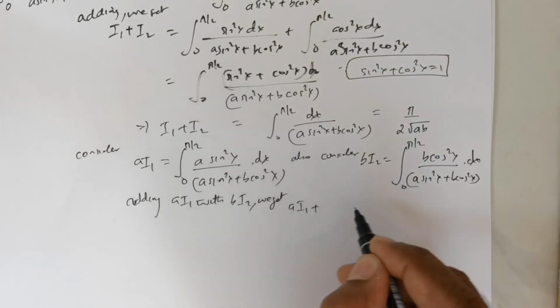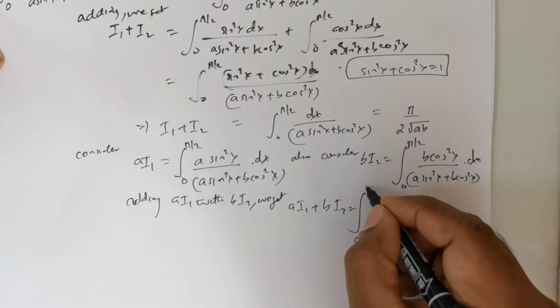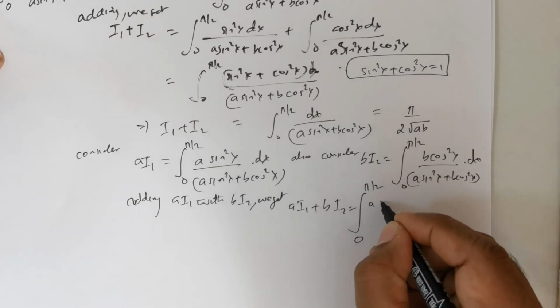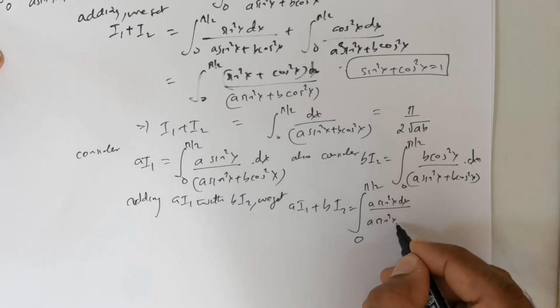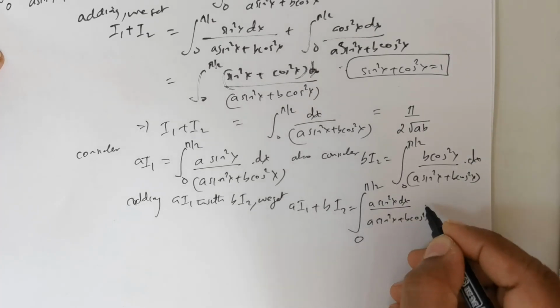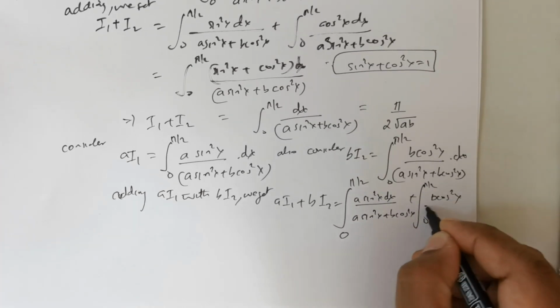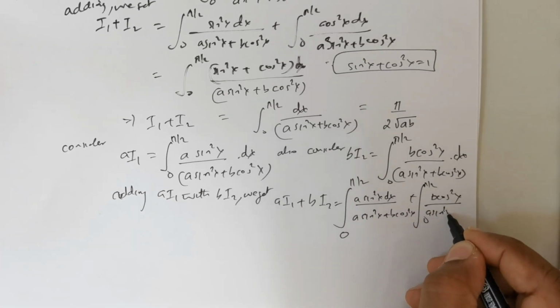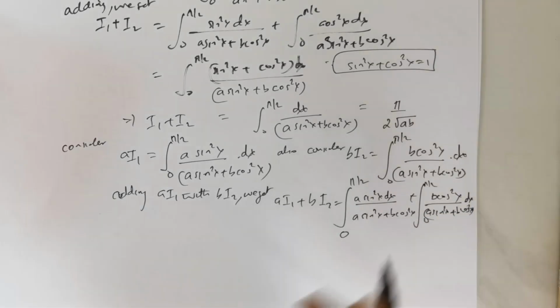a times I1 plus b times I2 is equal to, you add this with this, so the integral from 0 to pi over 2 of a times sine squared x dx over a times sine squared x plus b times cos squared x, plus the integral from 0 to pi over 2 of b times cos squared x over a times sine squared x plus b times cos squared x, times the dx.